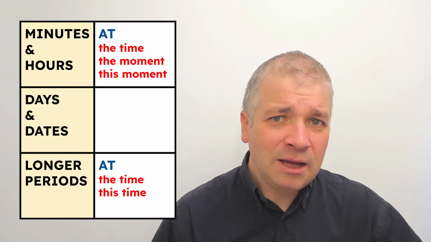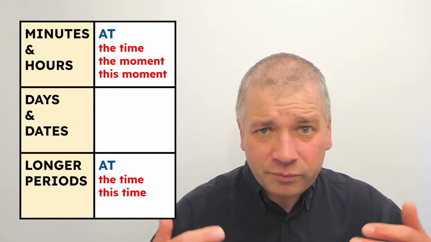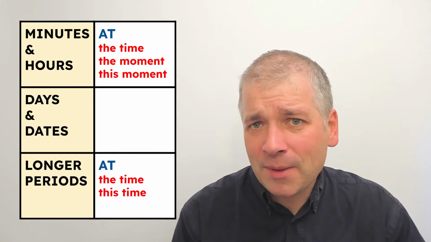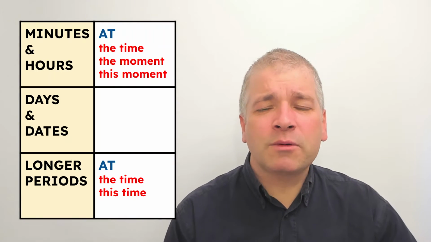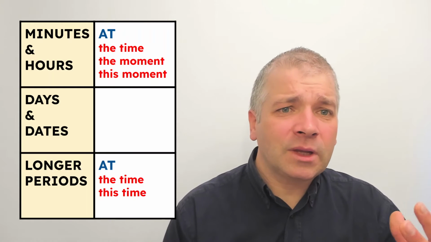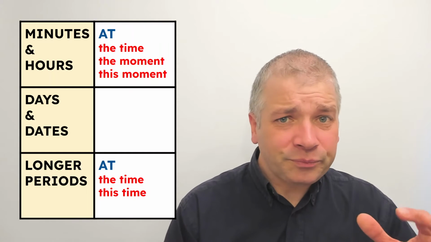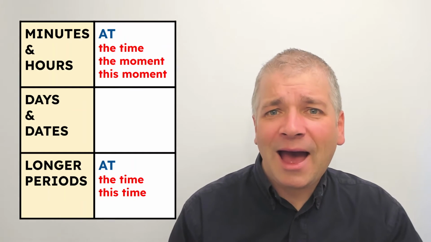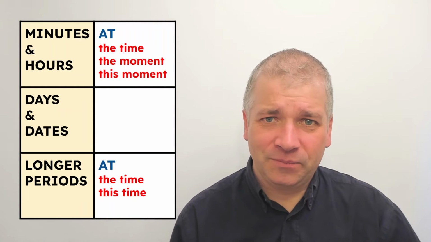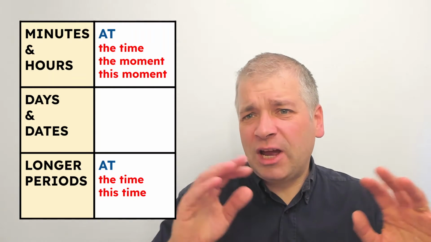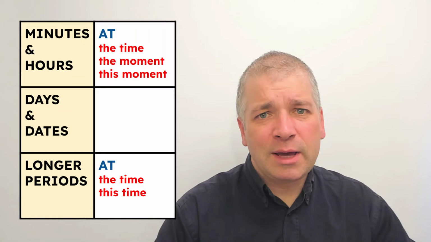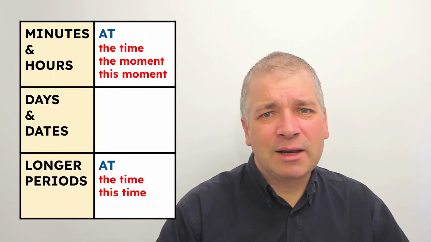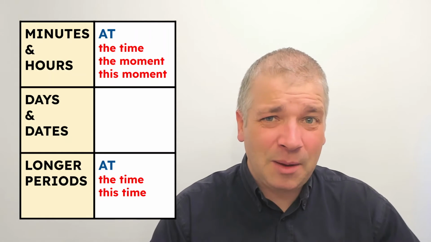If a family experiences the death of another family member, sometimes they put out a statement, a message where they will say, please give us some space, or please don't contact us at this time. And it really means a general period of time, but it's a difficult period of time. So at this time, useful phrase to know if you're trying to communicate a difficult period of time and you want something to happen in that time.